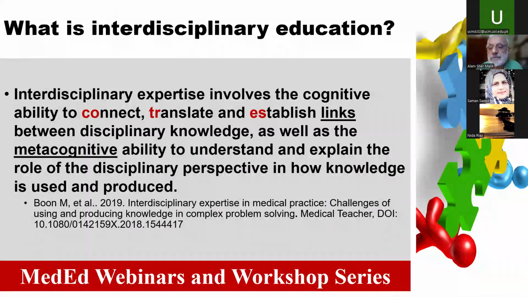So that would be the attribute of an expert in interdisciplinary education, their ability to connect, translate, and establish links between different disciplines. And not only that, but also metacognitive ability to understand and explain the role of disciplinary perspective in how knowledge is used and produced. So an expert in interdisciplinary education is expected to have these kinds of attributes.